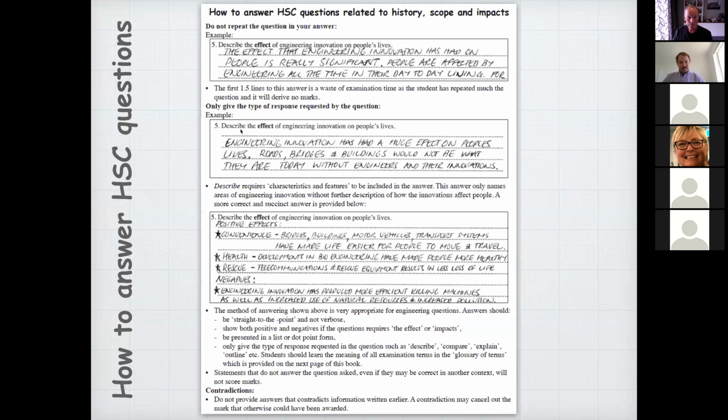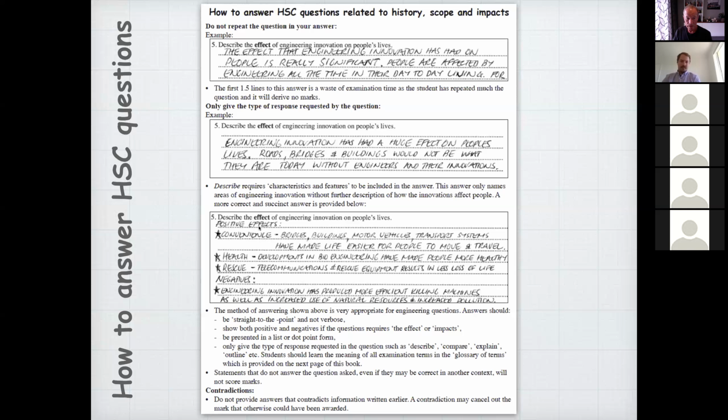Describe means to provide the characteristics and features. And this statement here doesn't do any of that. You've got to make sure that you qualify a statement if you're describing something. If you just state convenience, for example, here, this is the way that I get my students to answer these effect questions.